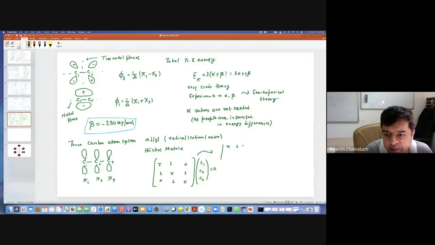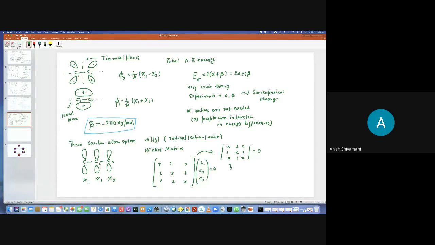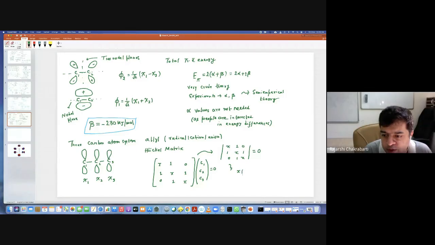Now, from here, if I go to the secular determinant and expand it, how many of you can expand this? Yes, sir. This is x. I think you know this. x into x square minus 1, minus 1, minus 1, then x minus 0 plus 0.